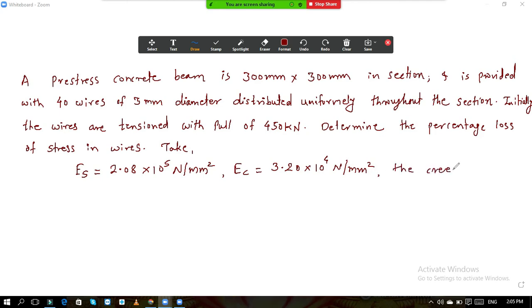The creep shortening. So the creep of concrete is 32 into 10 to the power minus 6.